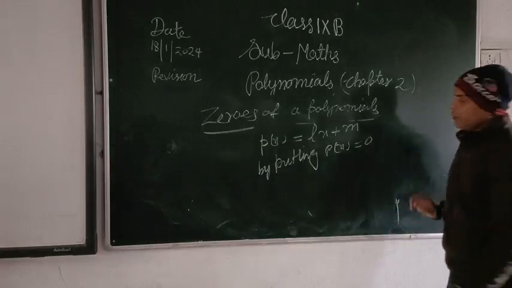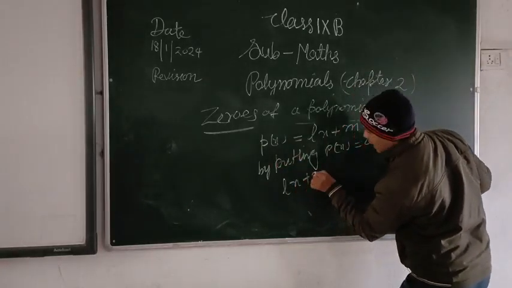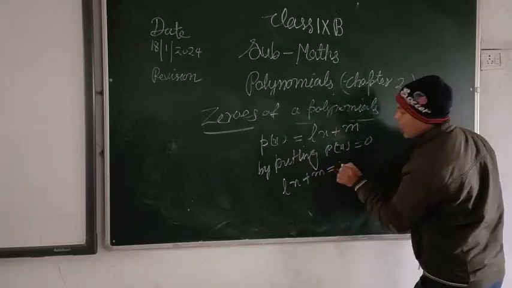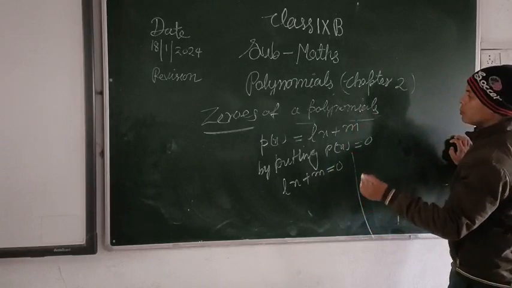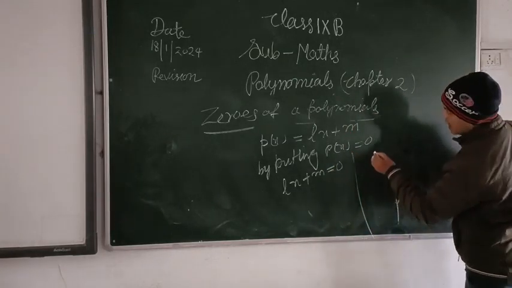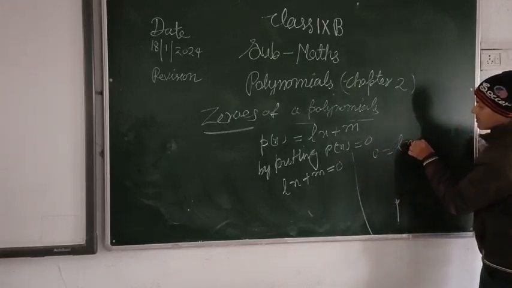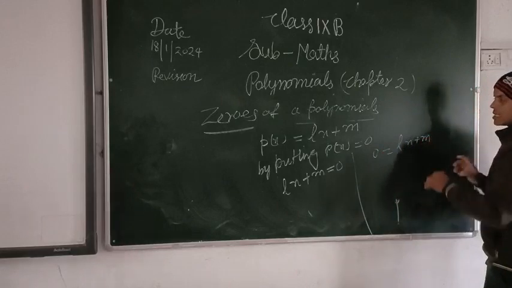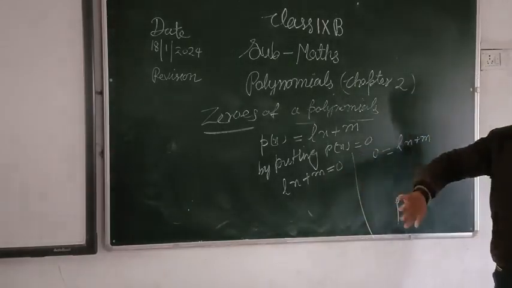So we can write lx plus m equal to 0, or we can also write 0 equal to lx plus m. Both things are the same, don't get confused.